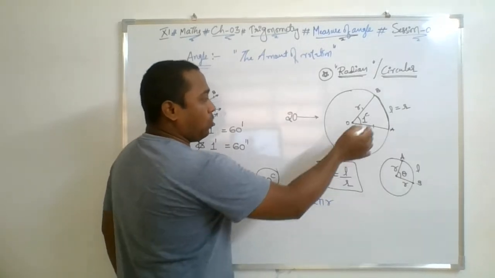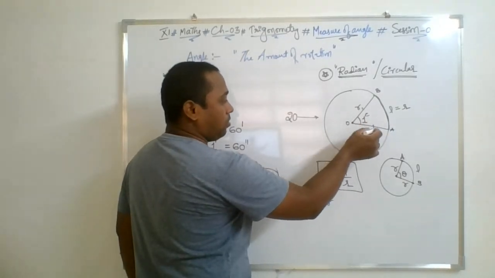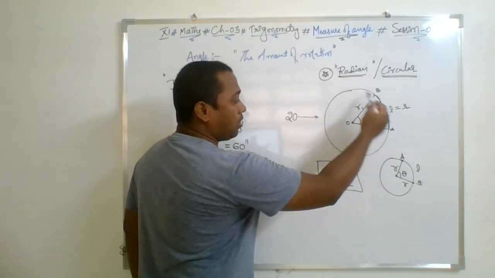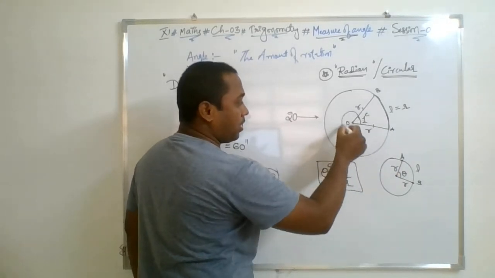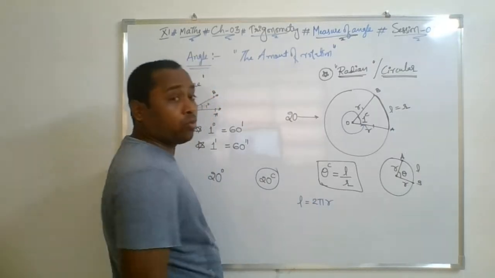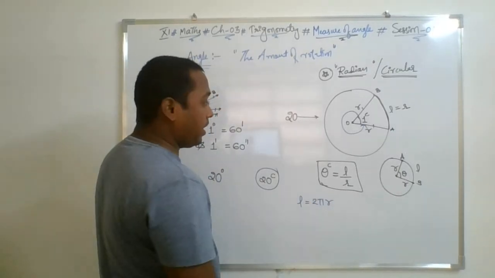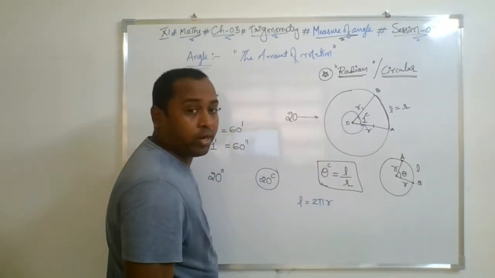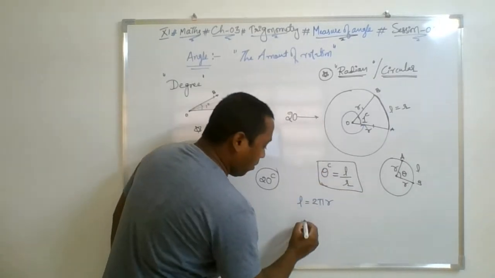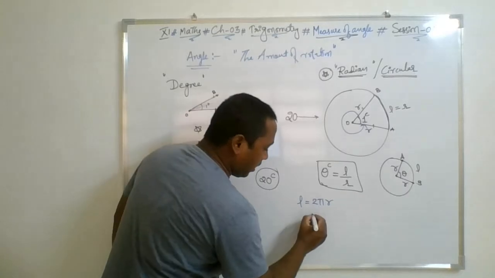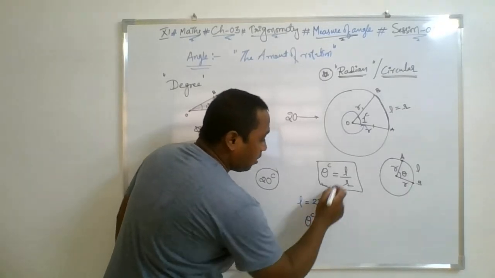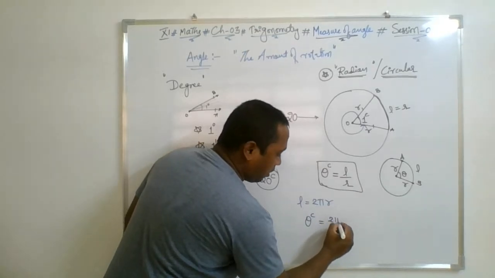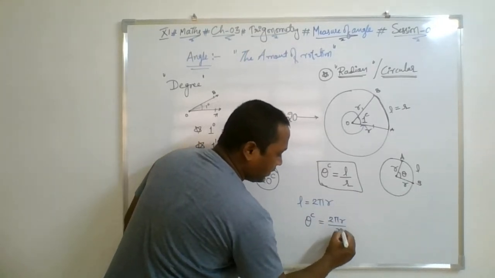Now I want to know the angle subtended by the arc at the center of the circle in one complete rotation. So again I need to use this formula to get the radian measure. The amount of rotation, theta radians, formed by the length of arc, which is equal to the circumference whose radius is r units.